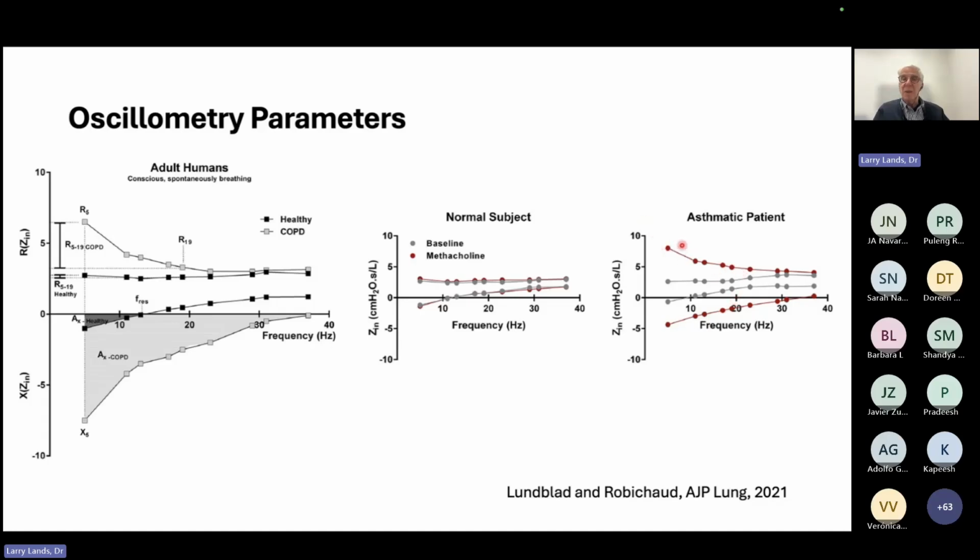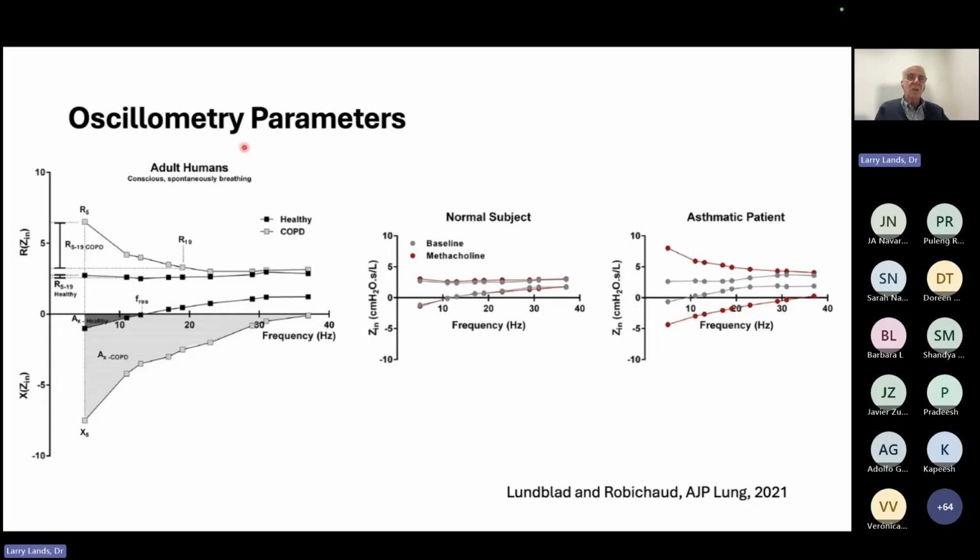So there is a difference between the resistance at, let's say, 5 hertz and at 20 hertz. You can see that the reactance at low frequencies is significantly lower than pre-methacholine. The resonant frequency has markedly shifted to a much higher frequency, and so the area under that curve, or the reactance area, is much larger.